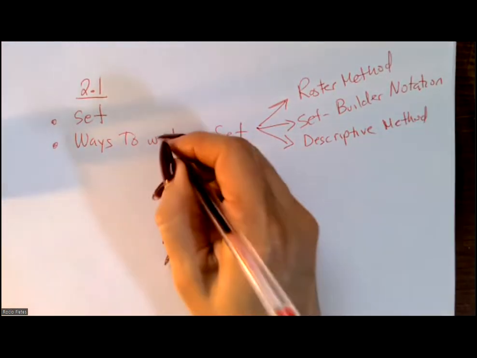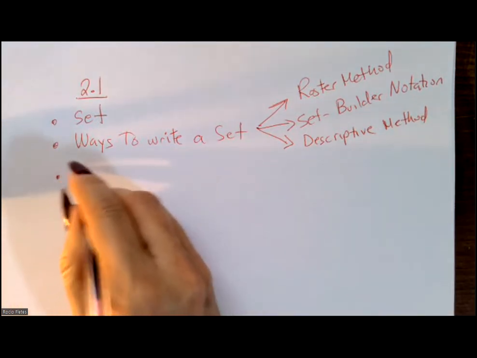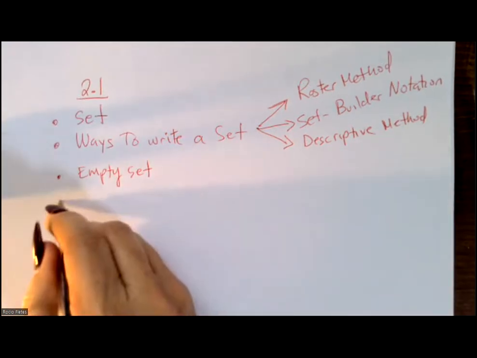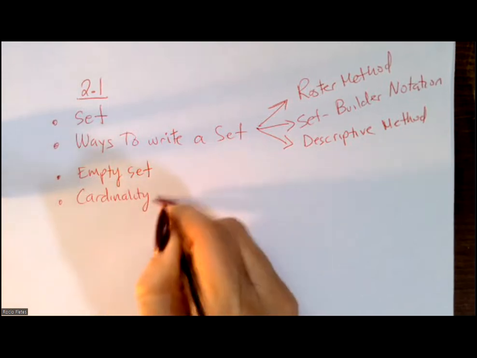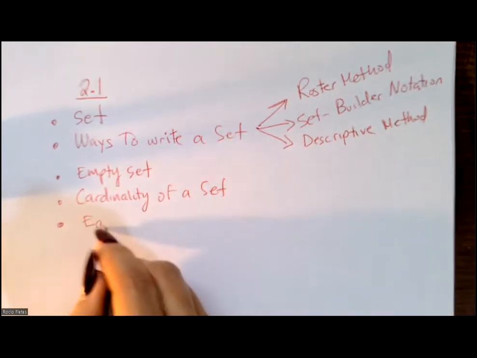So we talked about ways to write a set, and then we talked about the empty set. And then we talked about cardinality of a set. And then we talked about equal and equivalent sets.